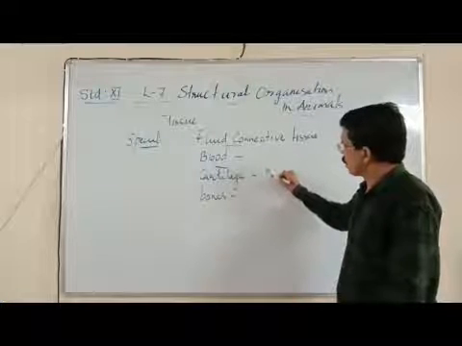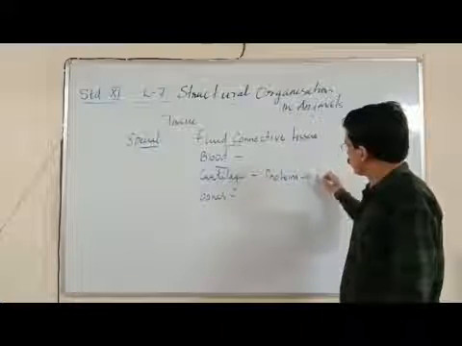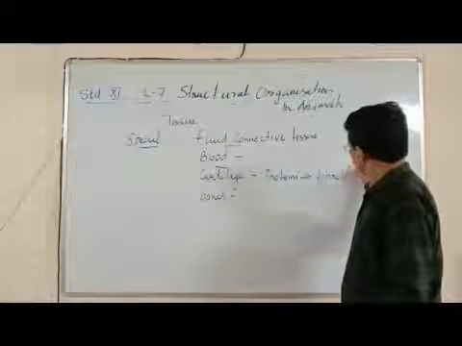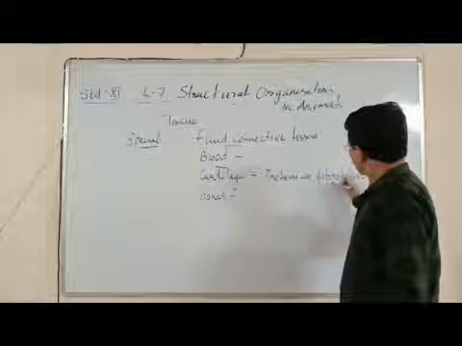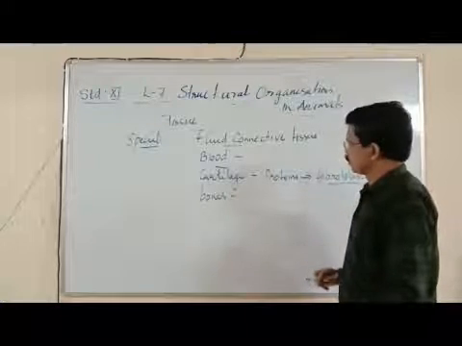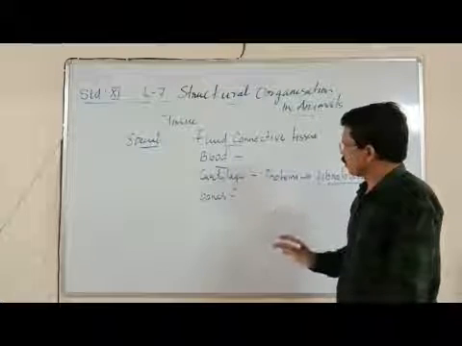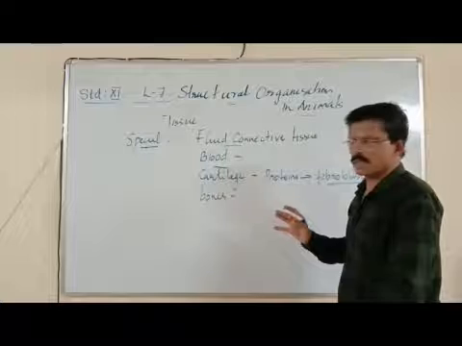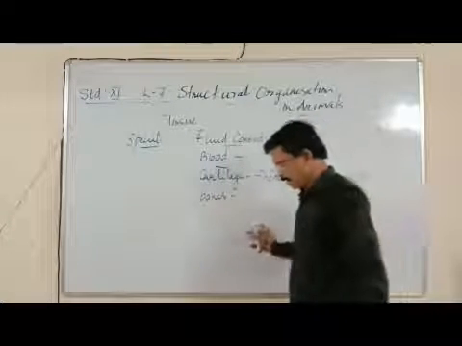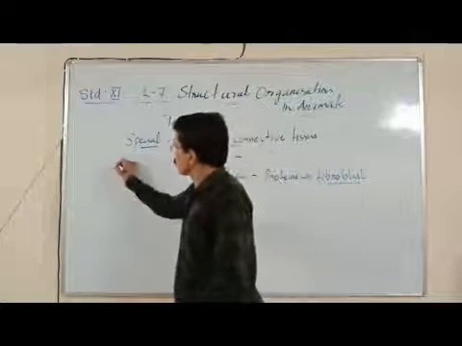Proteins are the main contents of this cartilage, and it also contains fibers. The cartilage contains protein and fibers. They are pliable but they resist compression, and this cartilage contains cells in them. What is the name of the cells? Chondrocytes.